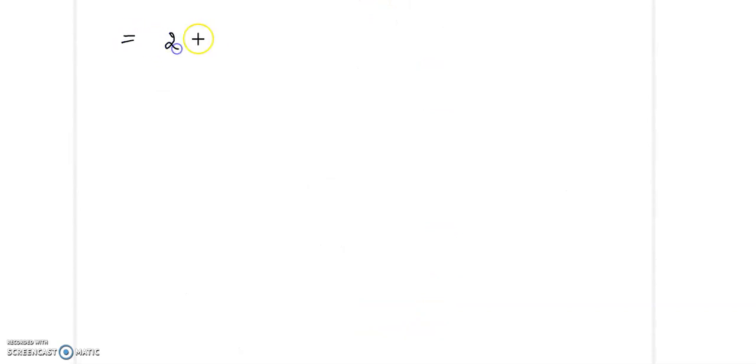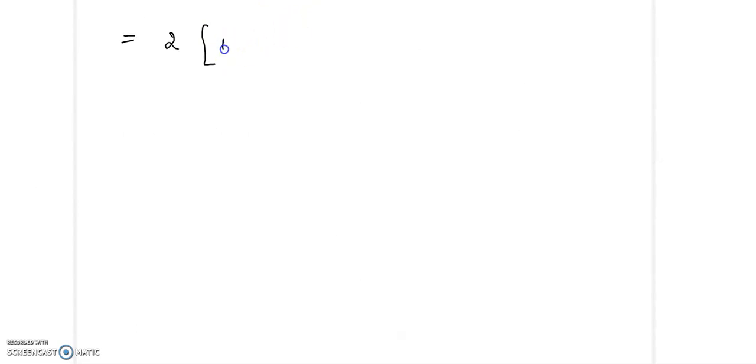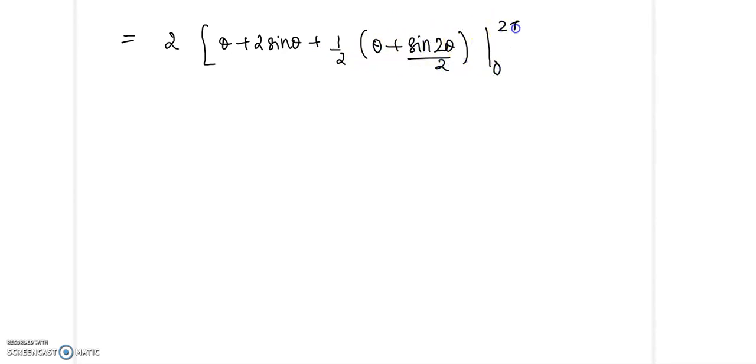So that will be equal to 2 times, let us integrate, so we'll get theta plus 2 sin theta plus 1/2 (theta plus integral of cos 2 theta, sin 2 theta by 2) from 0 to 2 pi.